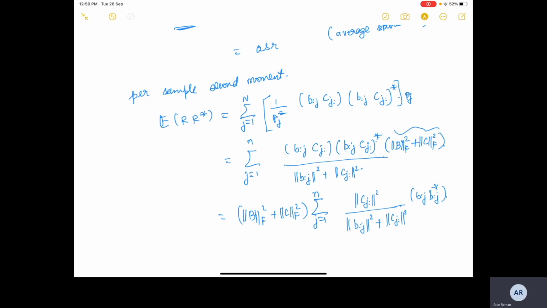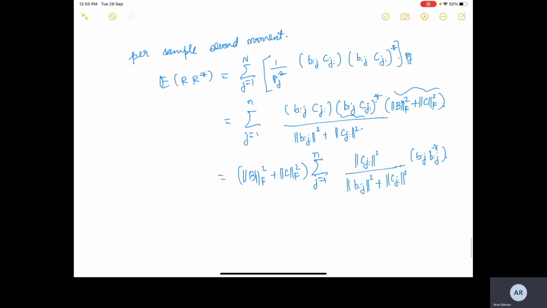When we break the transpose, the order of these quantities will be interchanged. We will have Cj transpose, and that becomes the norm, and whatever is remaining there. So the calculation is sort of straightforward. Then we have the Frobenius norm squared, and we will have V star.